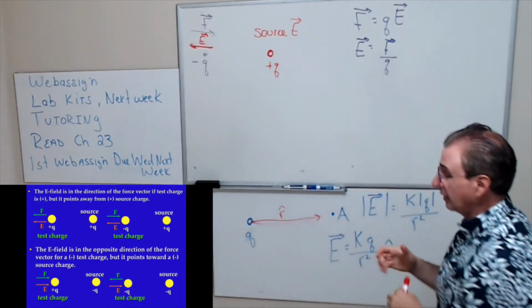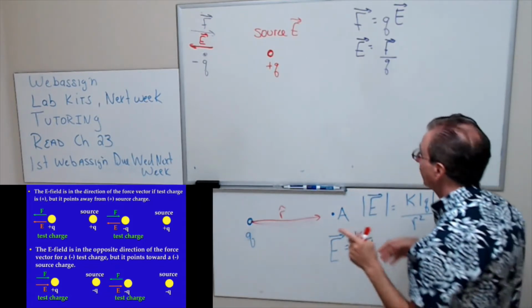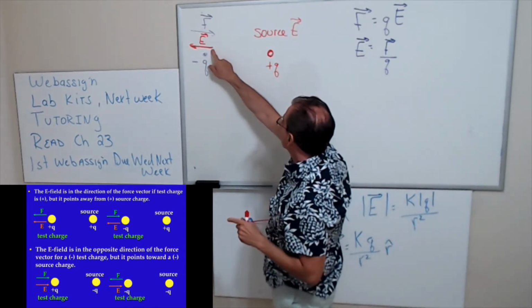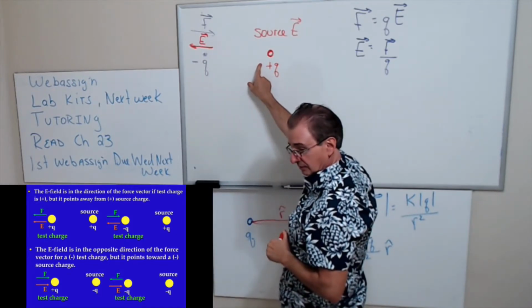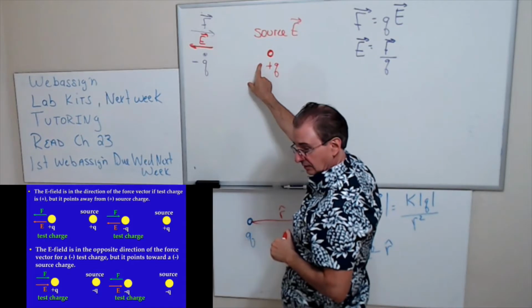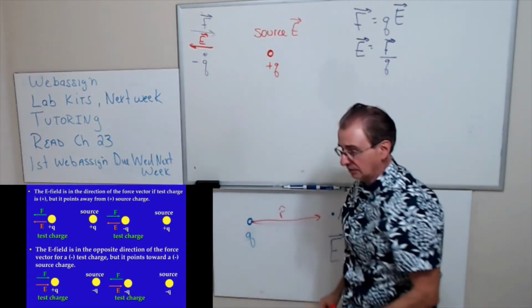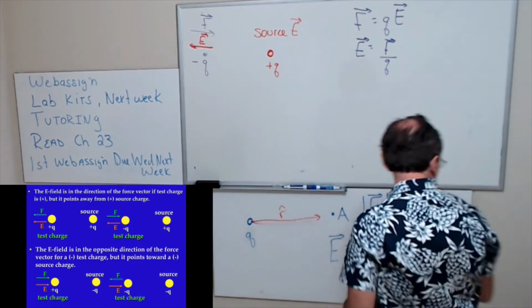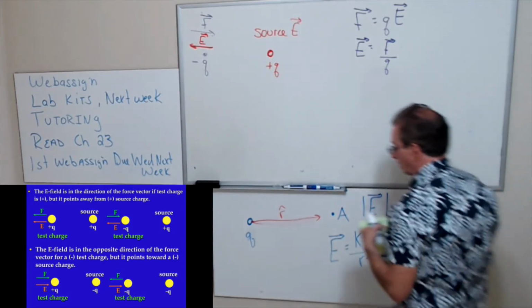So the field and the force for a negative charge are in opposite directions. But look, again, the electric field here is pointed away from the source. And again, you can come here, you can come here, you'll get the same result. So, what are the conclusions we can make? I'll write it down on this board.